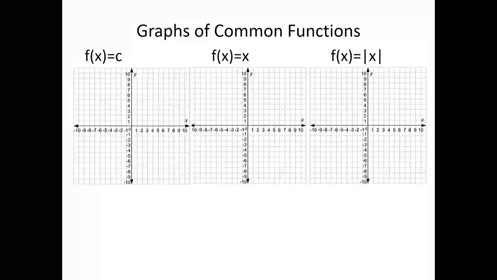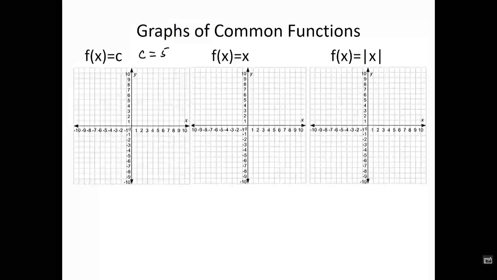So f of x is equal to c means that c is some number. Let's say that c is 5. So we have f of x is equal to 5.